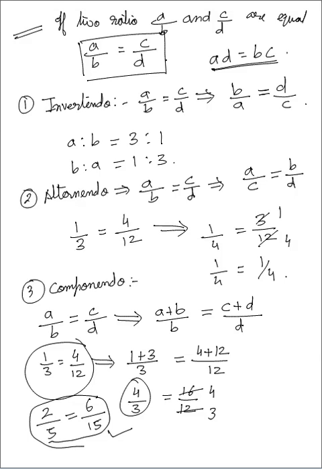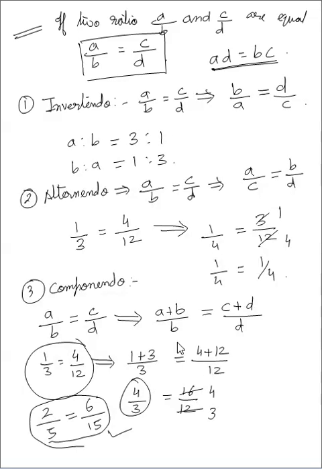Now next is dividendo. What do you mean by dividendo? A by B is equal to C by D. In componendo, you can see we were adding: A plus B divided by B is equal to C plus D divided by D. This is componendo.